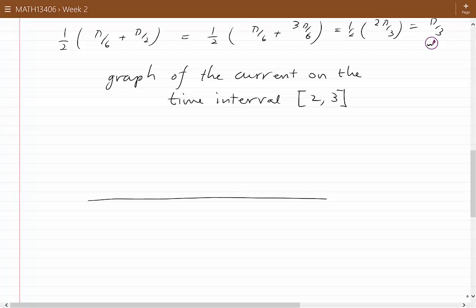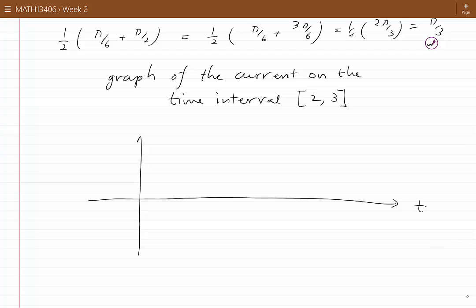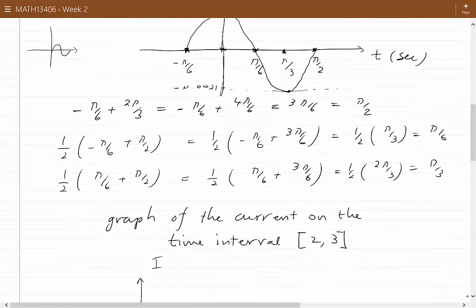Let's say this is the t-axis and this is the current axis. Our interesting points were minus pi by 6, pi by 6, pi by 3, and pi by 2.